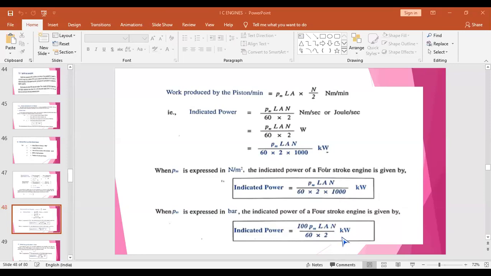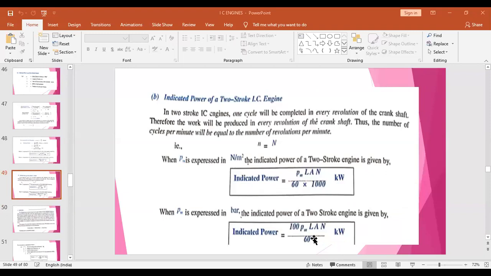For that reason, this is 2. All of you will understand while solving the problem. In the later classes, you have to solve the problems. The problems are direct ones. You have to substitute the values of L, A, N, PM.